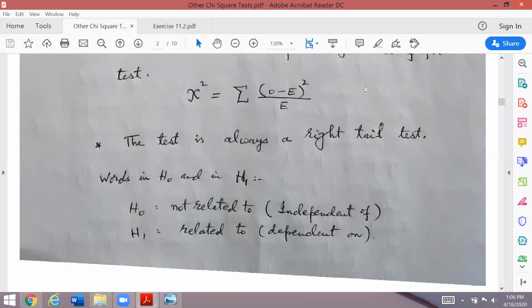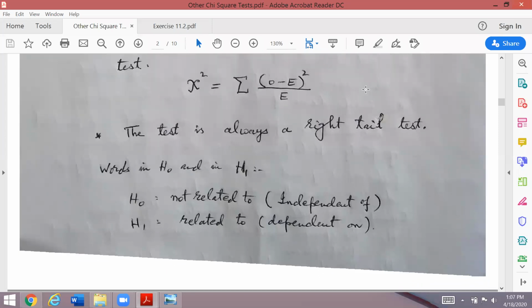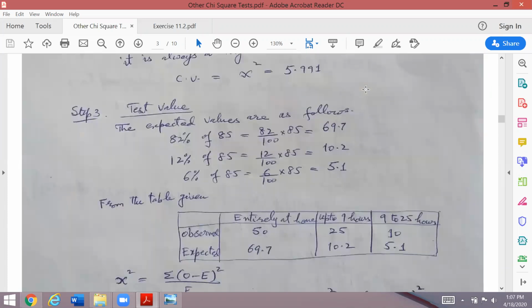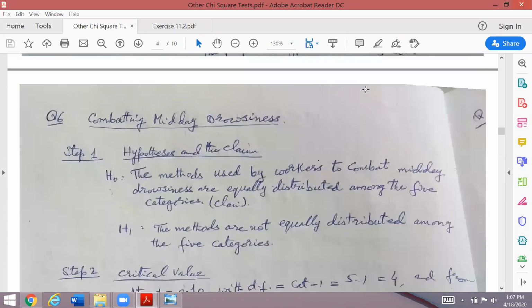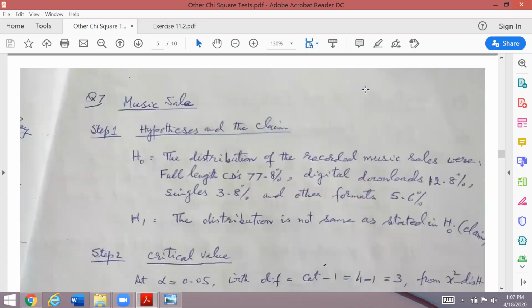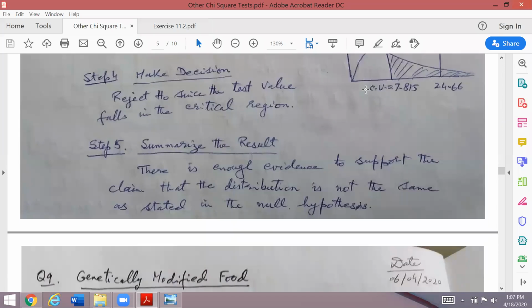So you have to check whether this is independent or dependent. Independent, in other words, means the things are not related, and if it is dependent, then surely it is related. Now we switch over to exercise. Chapter 11, exercise 11.2.